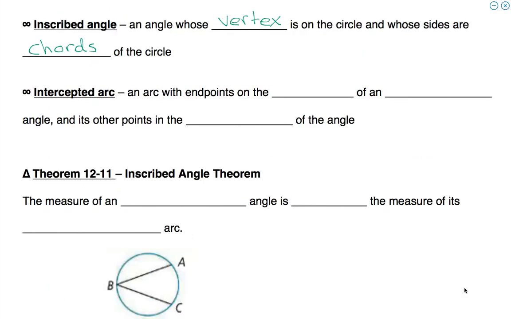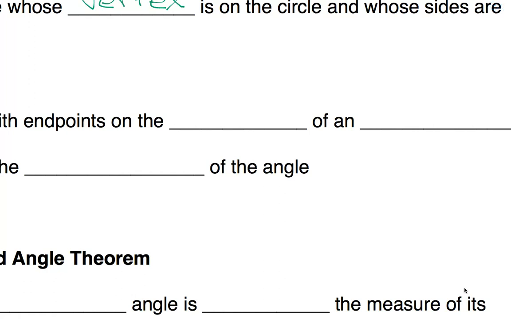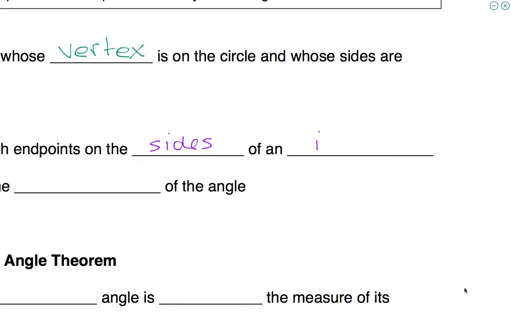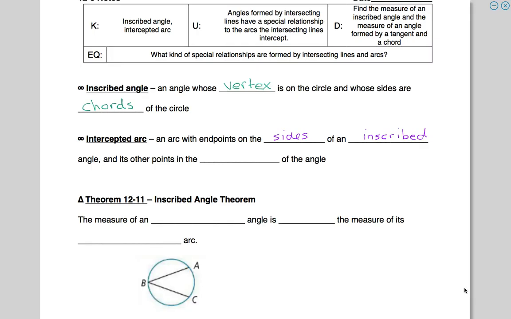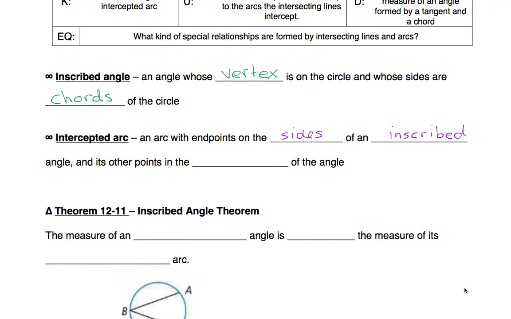When that happens, just like we created an arc earlier, an inscribed angle creates an intercepted arc. So an arc with endpoints on the sides of an inscribed angle, and its other points in the interior of the angle.